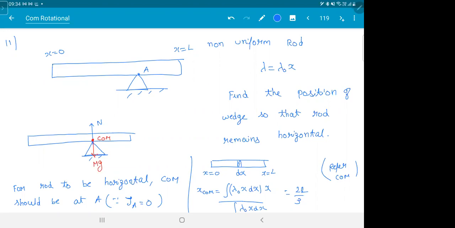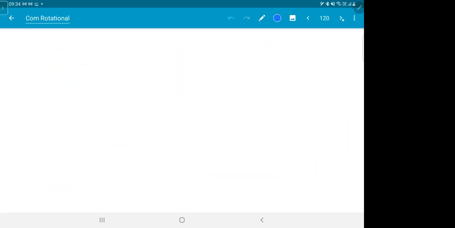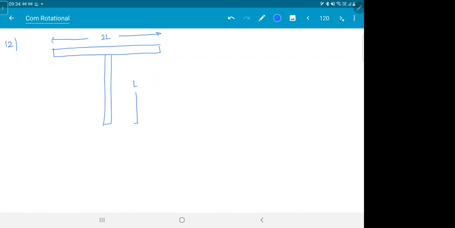Next thing. We have a T-shaped rod. This length is 2L. This length is L, exactly in the middle.